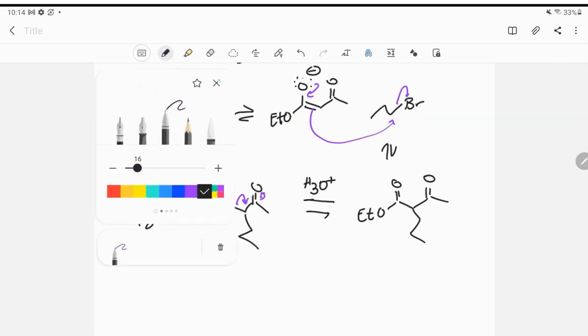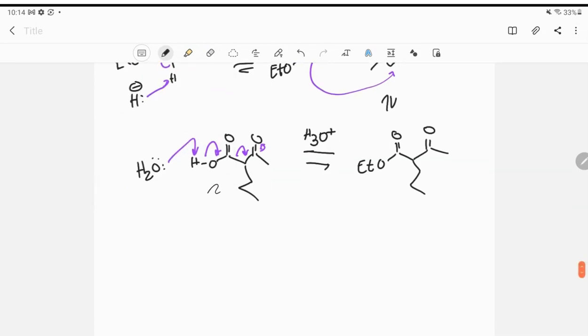Decarboxylation loses the CO2. So we are going to have an enolate, just like before. And then 1, 2, 3 carbons there. And then we protonate and tautomerize. Very exciting.